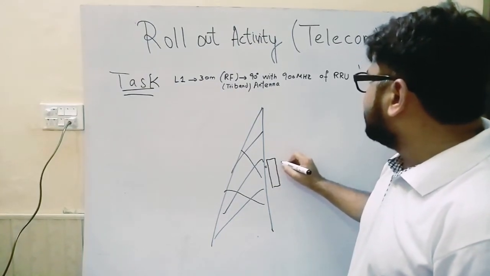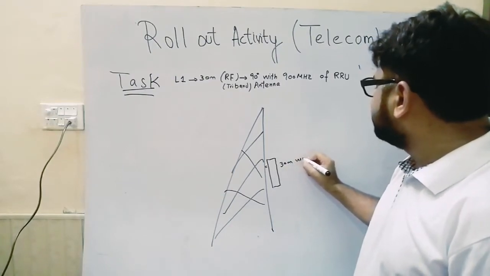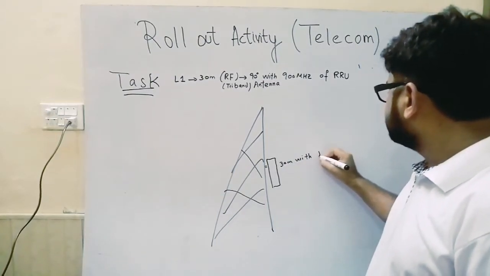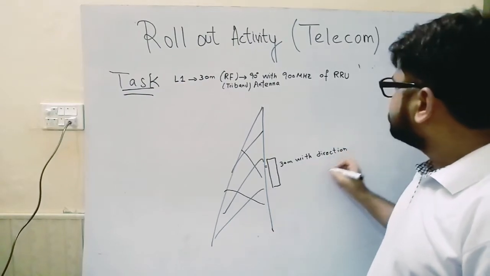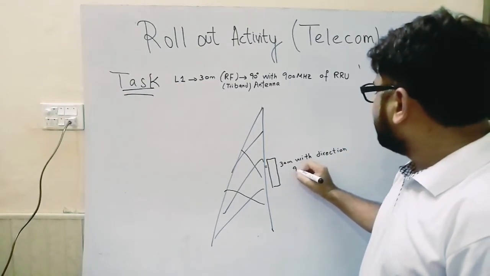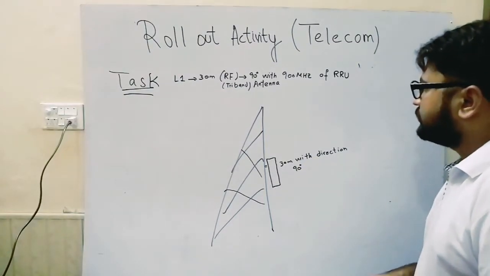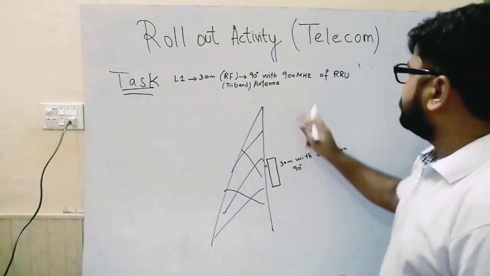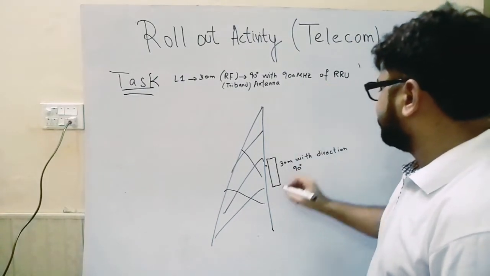So here you install the RF antenna at 30 meter with direction 90°. Also add the 900 MHz frequency band RRU with this.